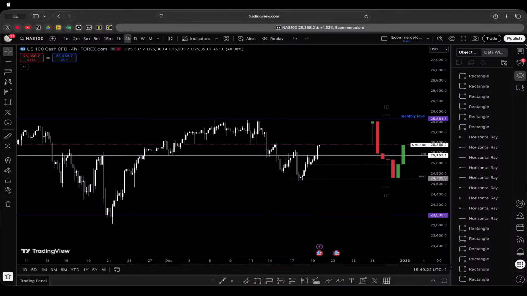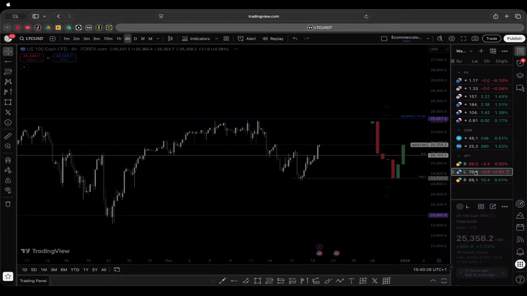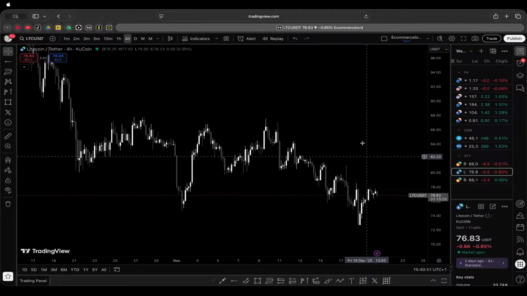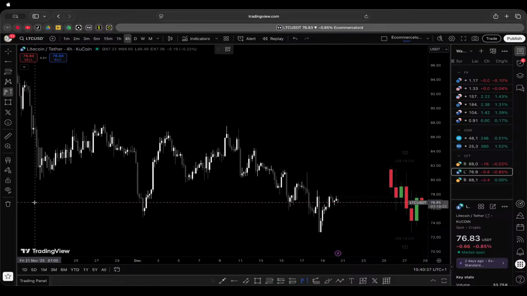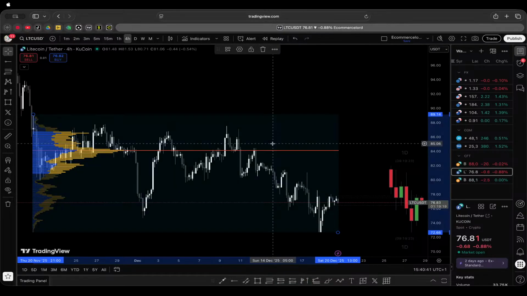So let us go back to our crypto chart, BTC LTC on Kucoin. If I was trading this on Kucoin, we're trying to find strength in this consolidation that is going on here. I'll put this indicator, boom.